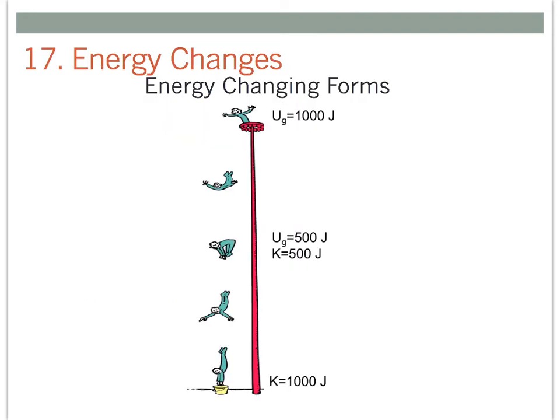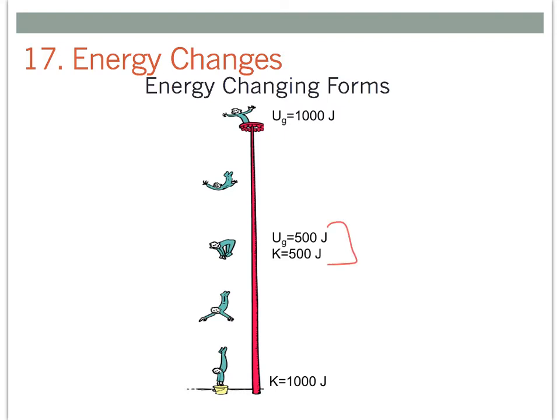So the first way that the energy of an object can change is by transferring from one form to another. So we see here this guy that's falling. This is similar actually to the cart going down the ramp. We're starting with some gravitational potential energy, and as the person falls, that gravitational potential energy is being converted into kinetic. And what's important to note is we start with 1,000 joules of gravitational potential energy.